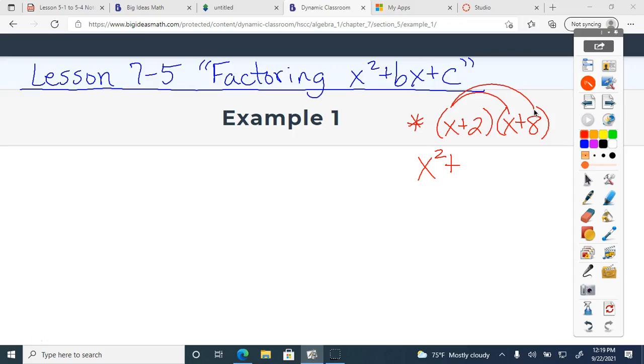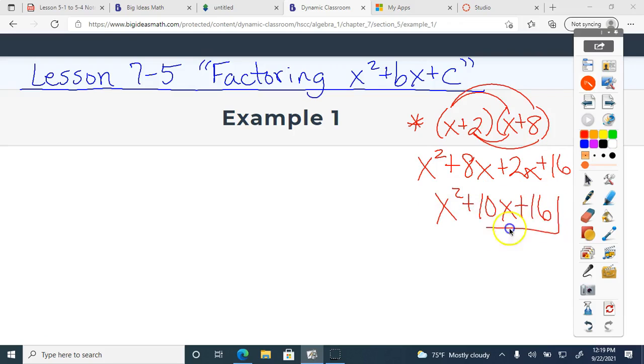X times 8 is 8x. 2 times x would be 2x, and 2 times 8 is 16. So that will be x squared plus 10x plus 16. That's the problem we were working yesterday on the test.